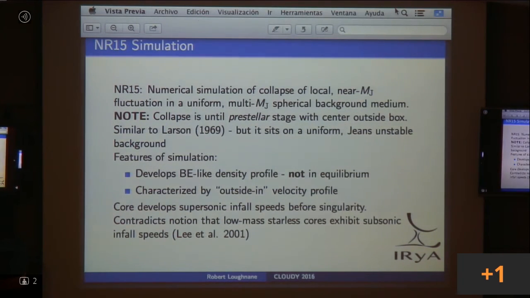This is before the emergence of the singularity, which represents the star formation. This is in direct contradiction to the general picture that low mass cores have subsonic motions, and we'll see why our work basically overhauls this picture.